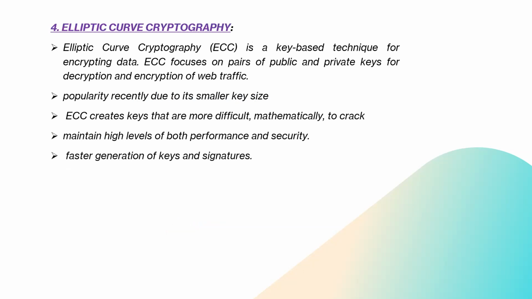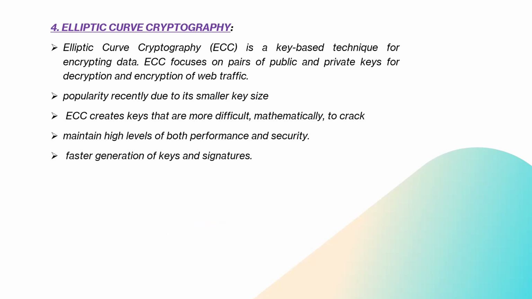The next one is elliptic curve cryptography. This is another method, we can say an alternative to RSA. RSA is a mathematical public key cryptographic generation method that uses large key sizes.